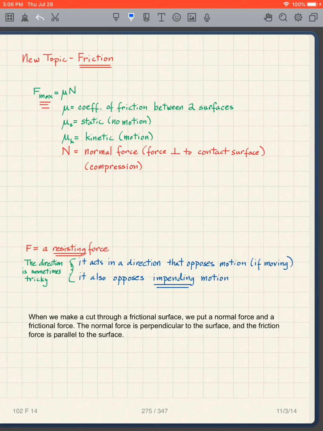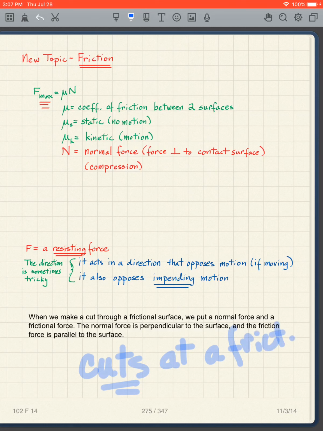And we're going to use our concept of cuts still. We're not violating anything or changing anything that we've done to this point. We're still going to make cuts, but now we're going to make cuts at a frictional surface.